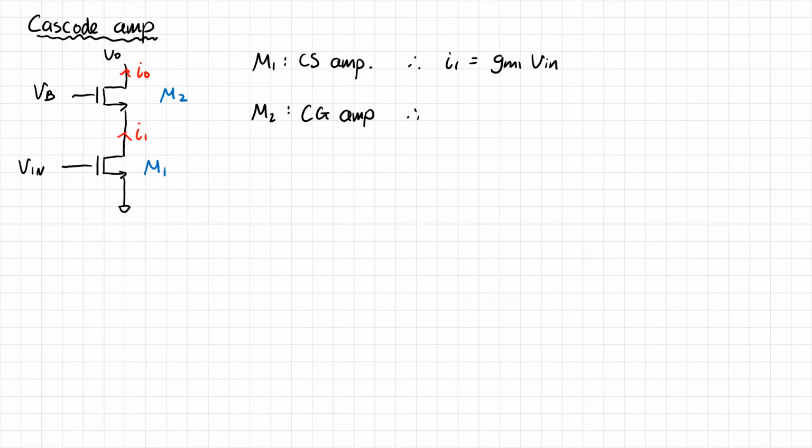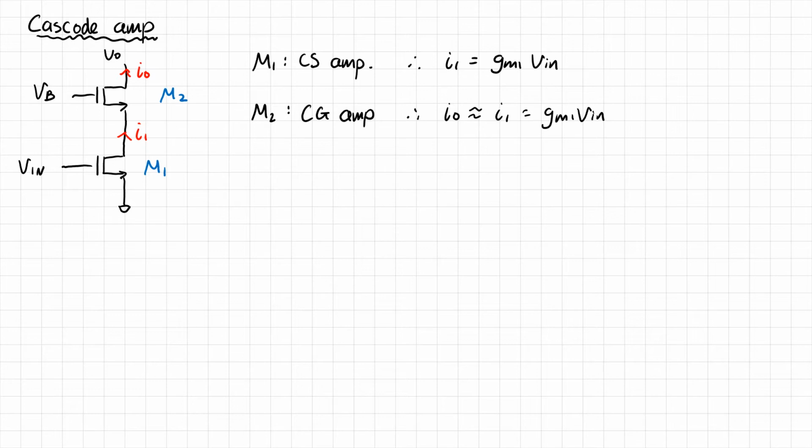drain. And so we can say that I0 is, again, approximately equal to I1, which is equal to GM1 times Vin. Now that is an approximation because when we derived the current gain of our common gate amplifier, we ignored RO, but it turns out that this is a semi-reasonable approximation that we can make.